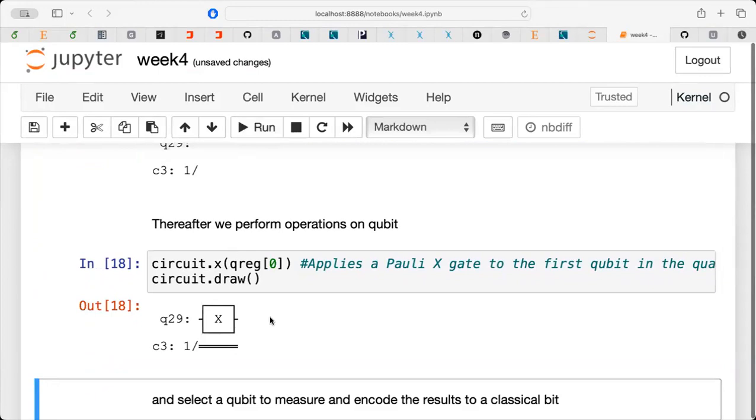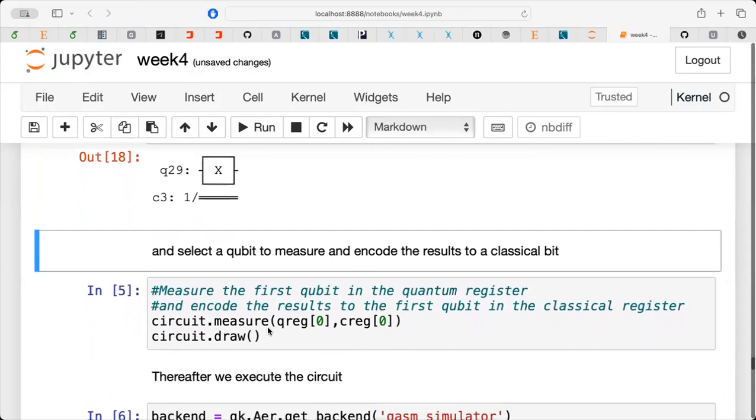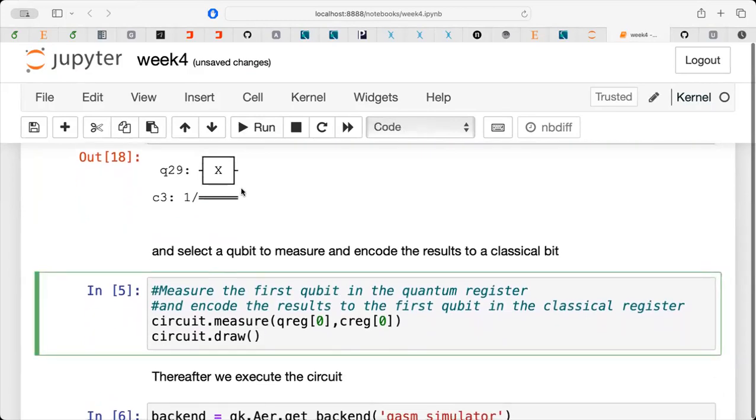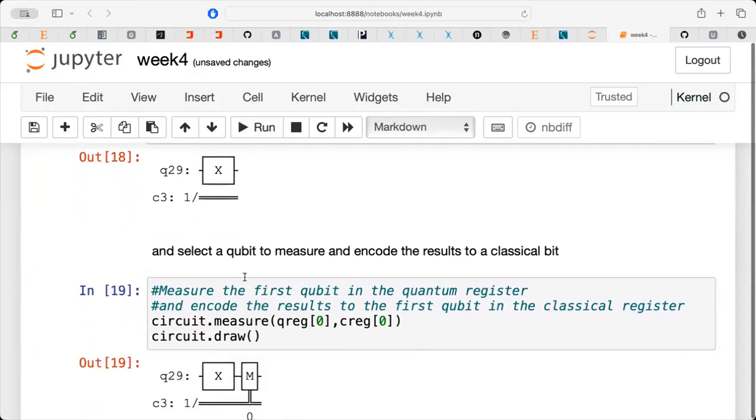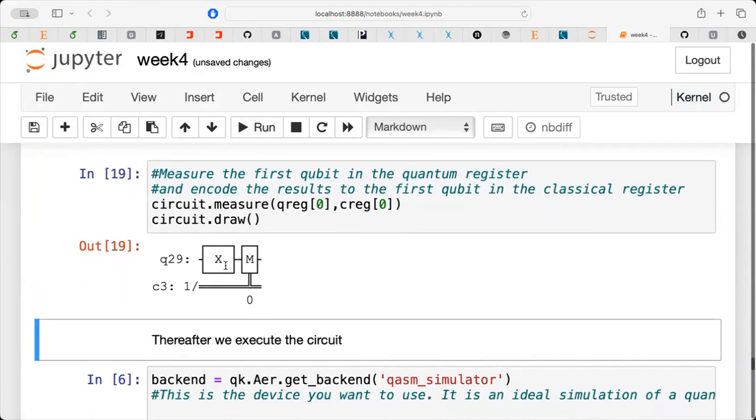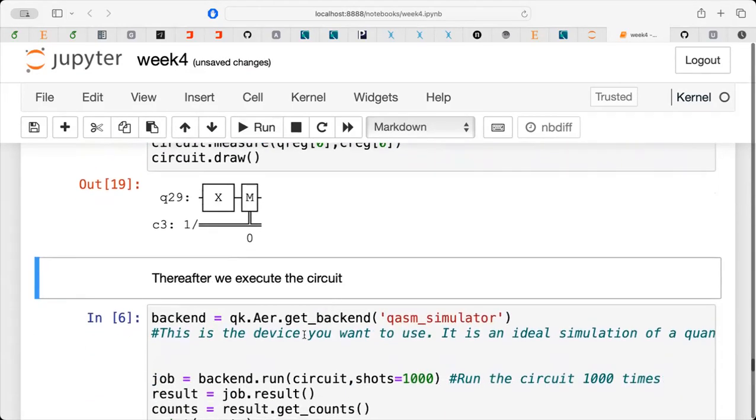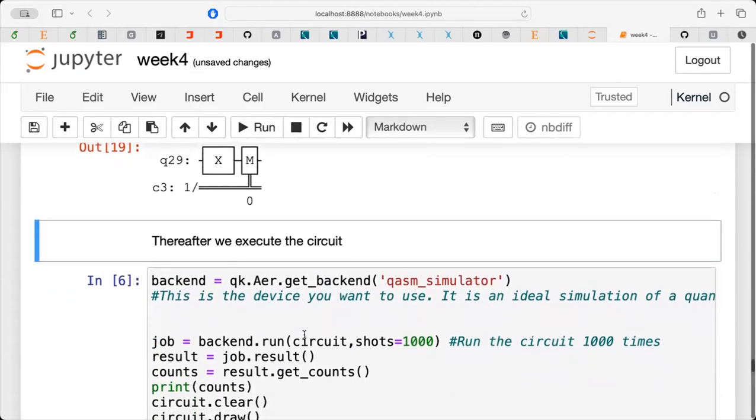But you will have something like this, where you now have an X gate or Pauli gate, which is now acting on a specific system. You can then select a qubit you want to make a measurement on. So that means that you have a Pauli X gate here, and then you perform a measurement. You can execute it. There is a backend here, which is normally used.